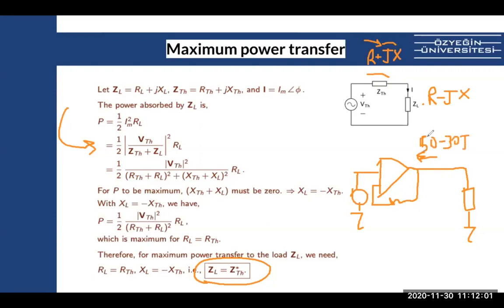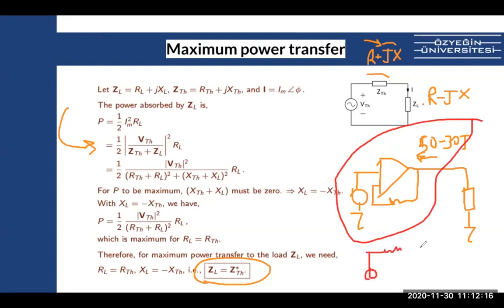Because once you find this output impedance, you can simply write the Thevenin equivalent. It will be a voltage source and this output impedance, RTH, right? Or ZTH. So it is 50 minus 30j. So can somebody tell me what this impedance should be for maximum power transfer? 50 plus 30j. Super. It should be the conjugate of this.